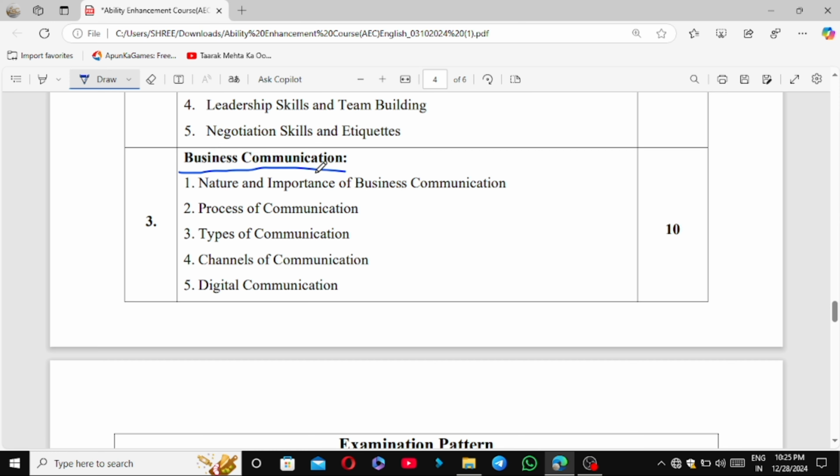There are many types of business communication: internal, external, etc. And there are various methods of communication like verbal, non-verbal and written communication. Verbal means talking in person, on calls or in meetings; non-verbal means body language, gestures or facial expressions; and written communication includes email, reports, letters, etc.